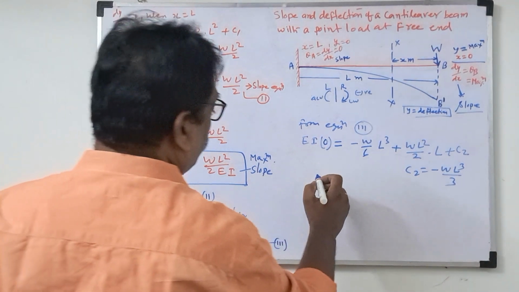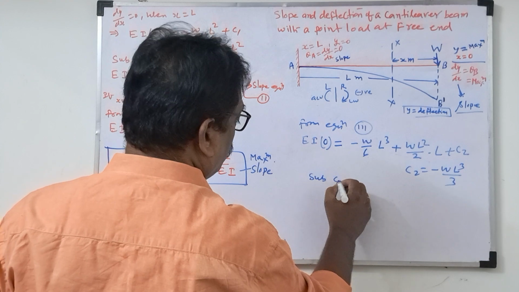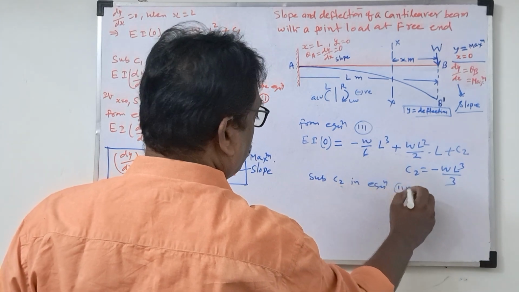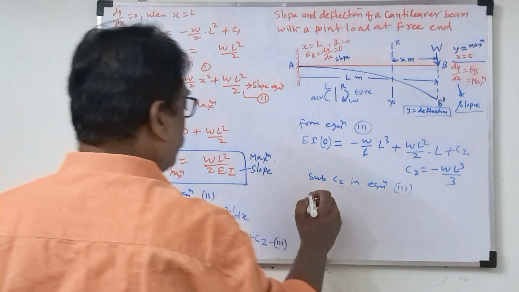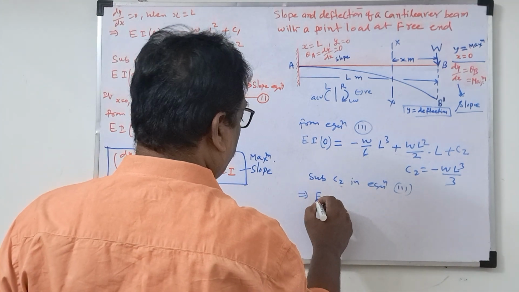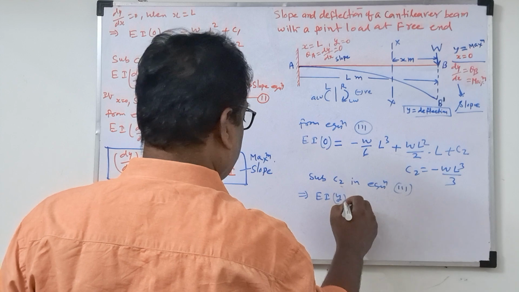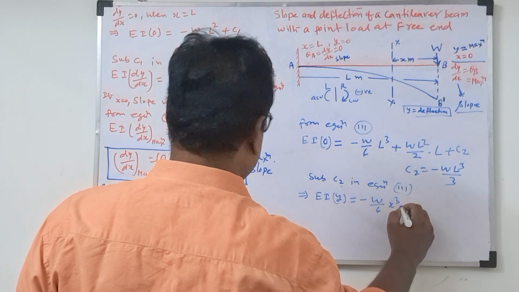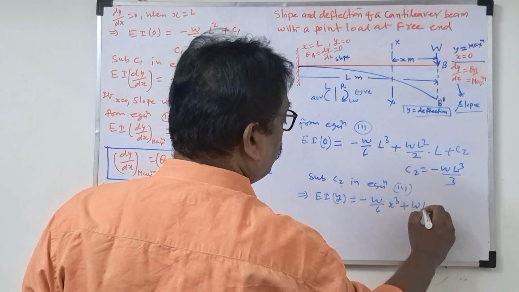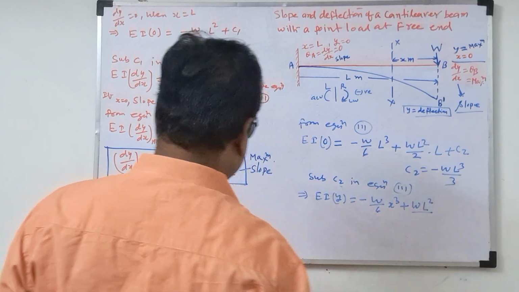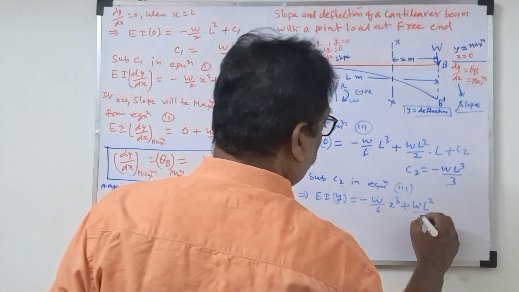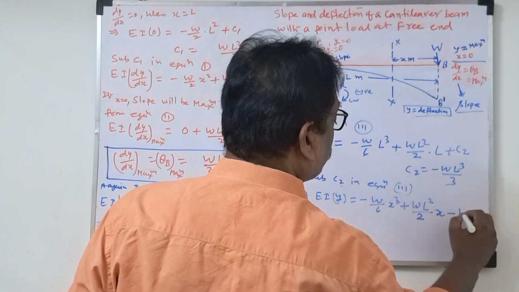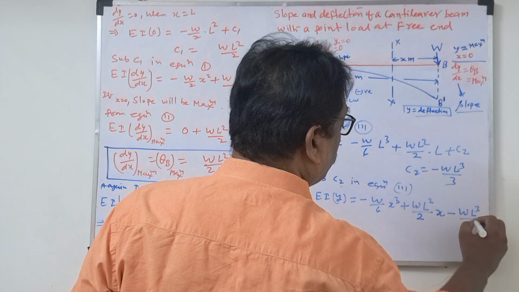Now substitute C2 in equation 3. So what will equation 3 become? EI y equal to minus W by 6 x cube plus WL square by 2 x minus WL cube by 3.